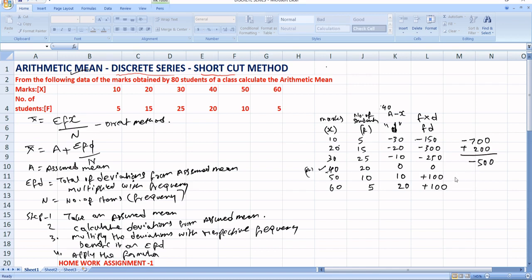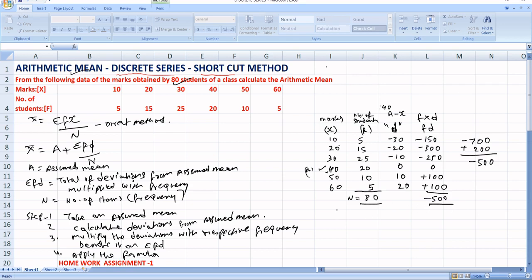Now you calculate n. How many students are there? 80 students. So n is equal to 80, number of students. And summation fd is minus 500.